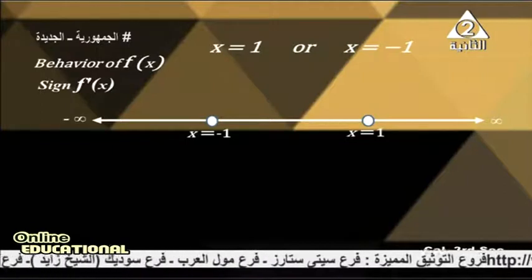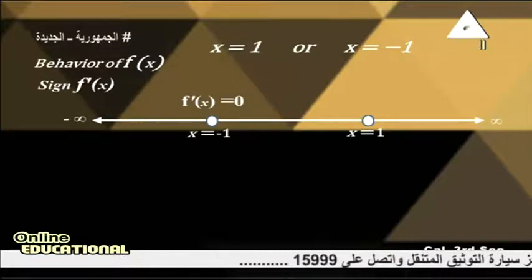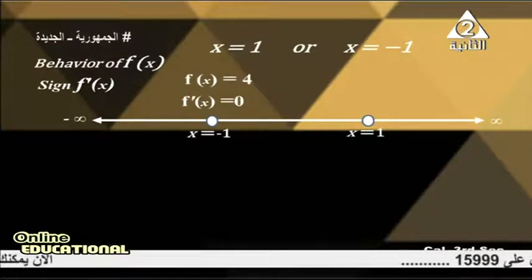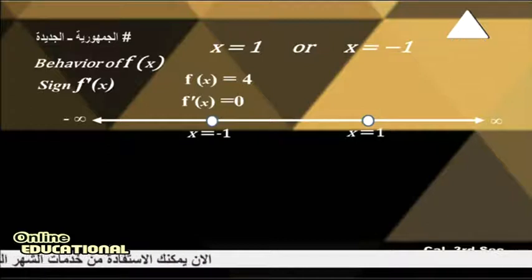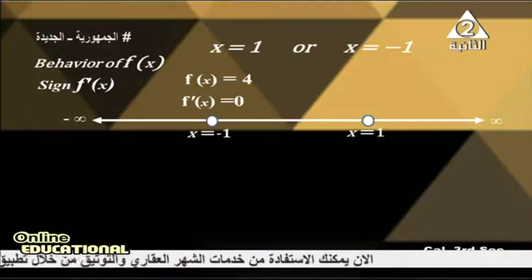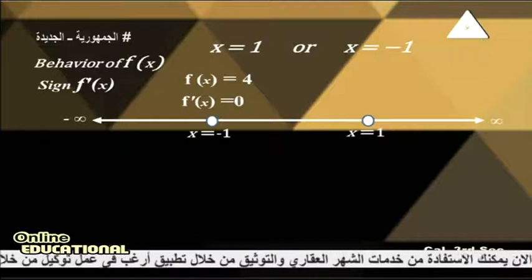What is the sign of f dash x in these intervals? First, when x equals negative 1, f dash x equals 0 and f of x equals 4, which means the value of y equals 4 at x equals negative 1.